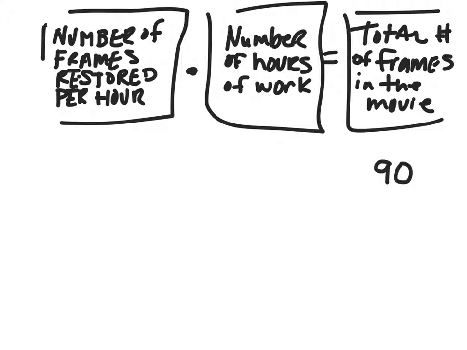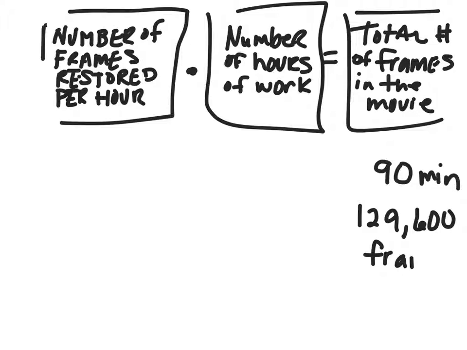So I set up our verbal model here. We have the number of frames restored per hour, the number of hours of work that it will take, and the total number of frames in the movie. And we already know that our 90-minute movie, because we worked it out before, has 129,600 frames in it.